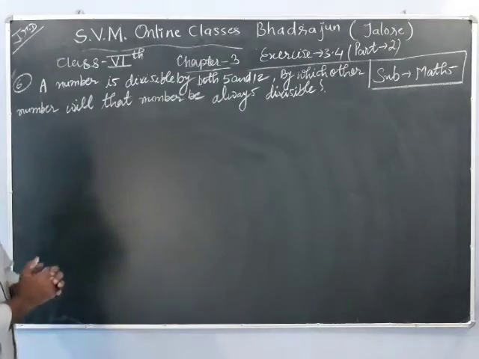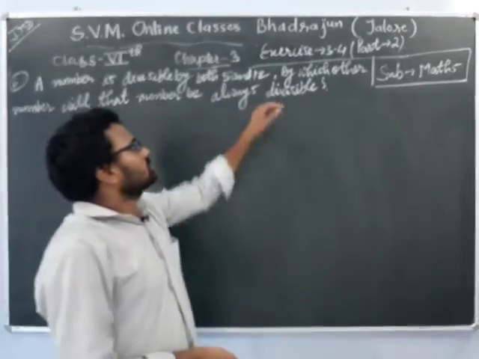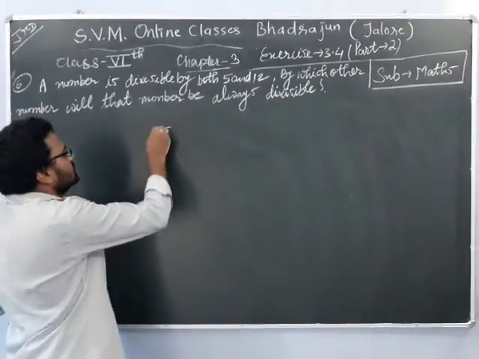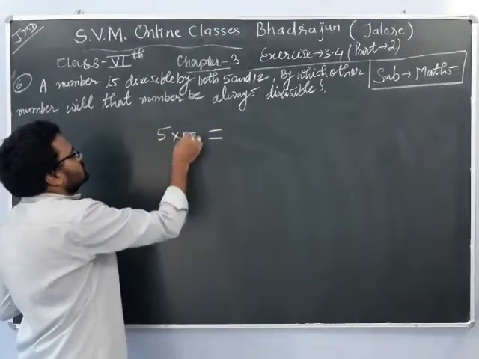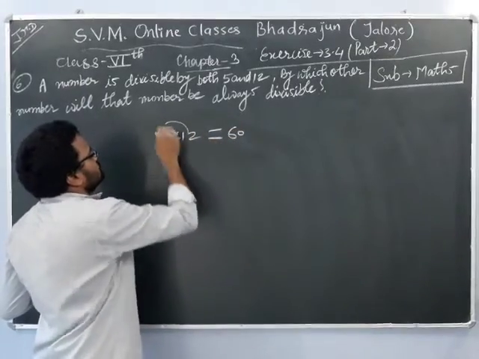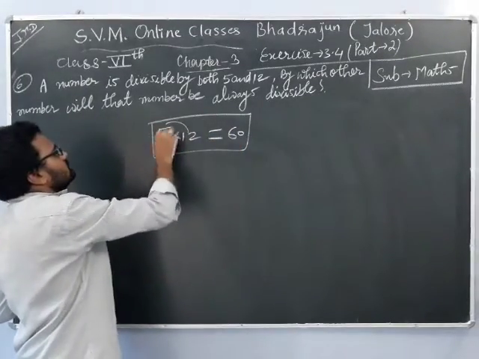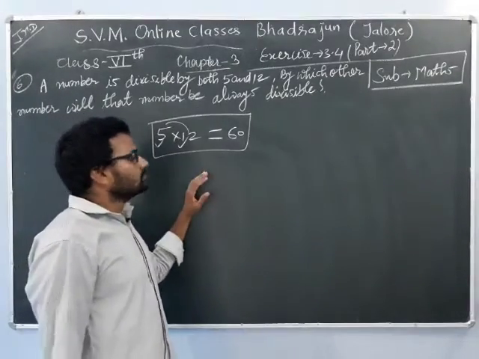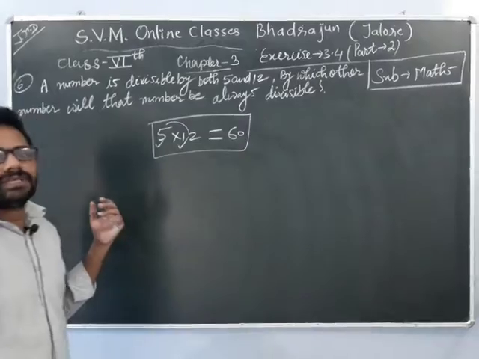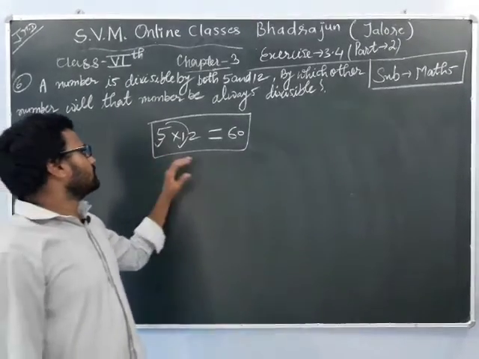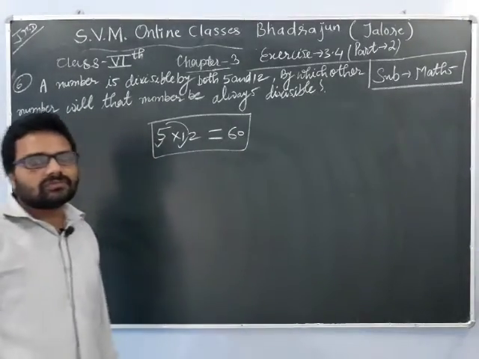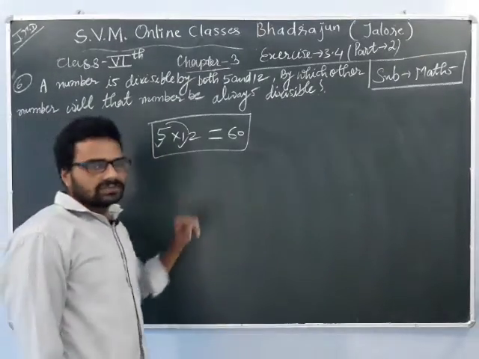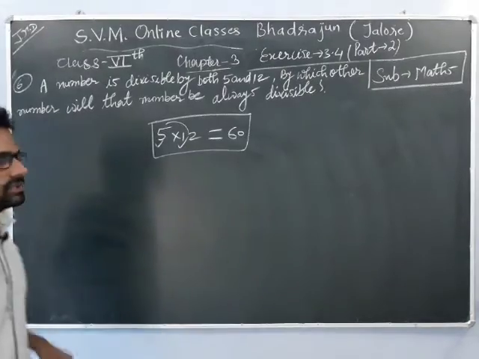If a number is divisible by 5 and 12, then it will also be divisible by 5 into 12, which means 5 12s are 60. If a number is divisible by 5 and 12 both, then it will always be divisible by the number coming from the LCM of both 5 and 12, or HCF of both. Here the HCF of both is 1 and the LCM of both is 60.